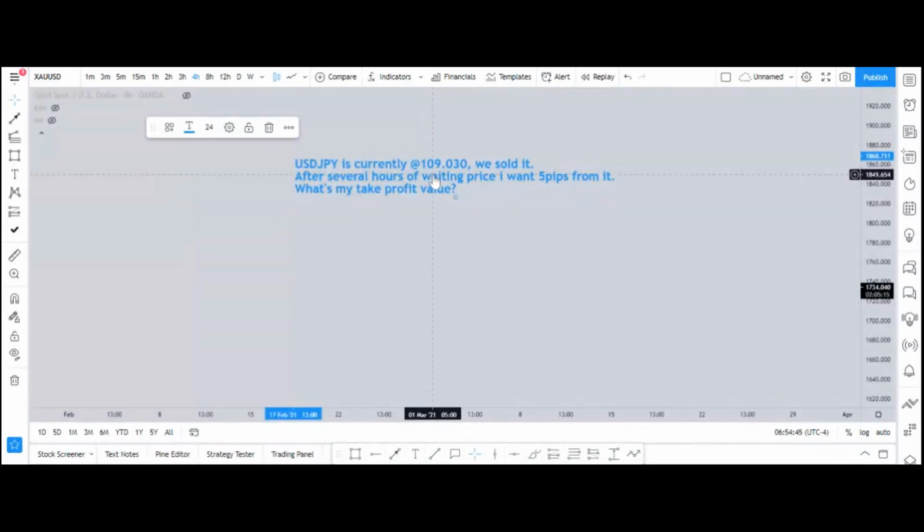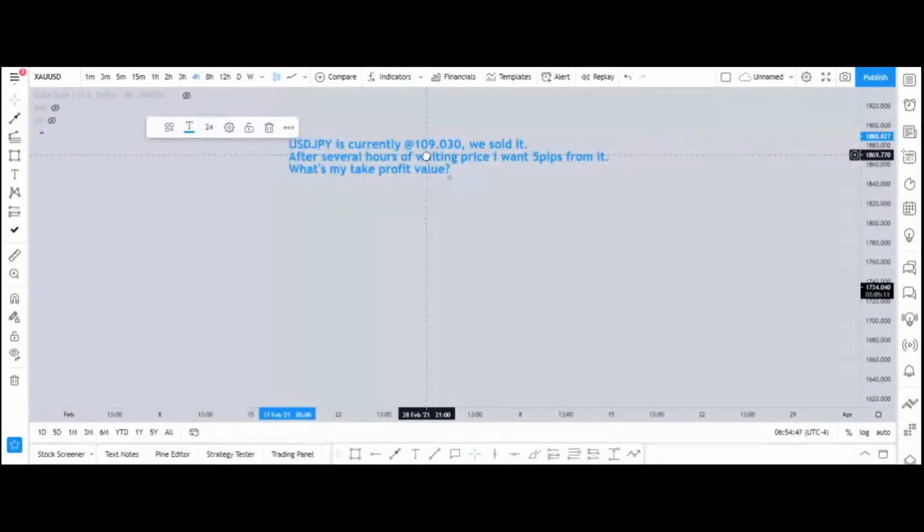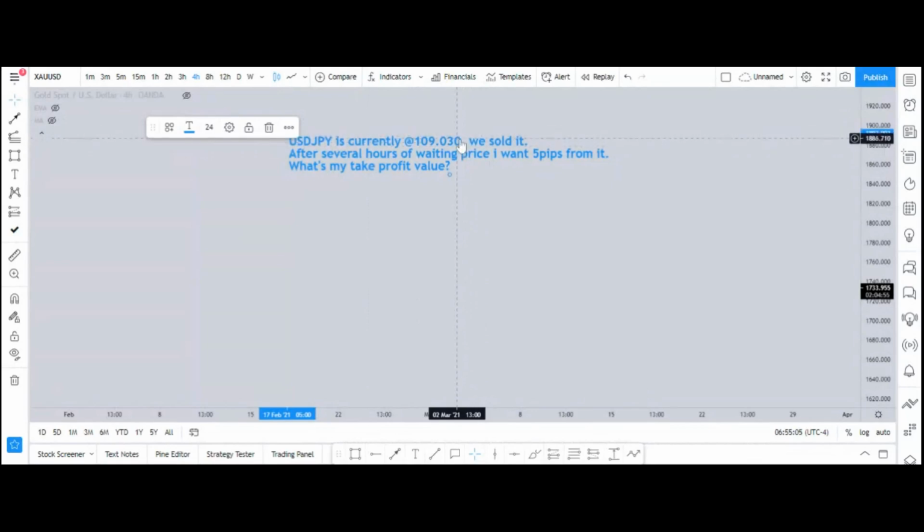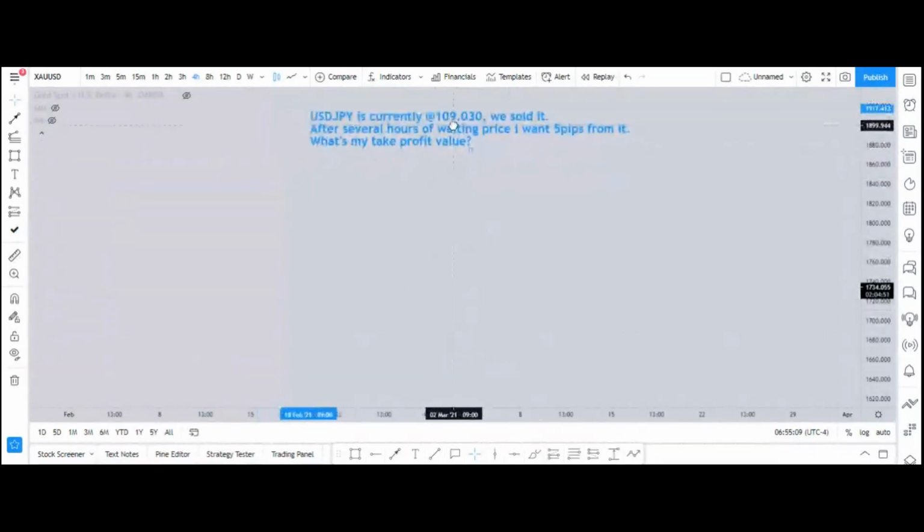Now remember, we talked about JPYs. We don't calculate their pips the same way we calculate the pips for other pairs. And we said we don't consider the last decimal place, which is the third decimal place.